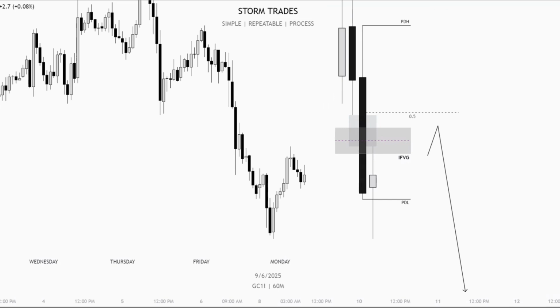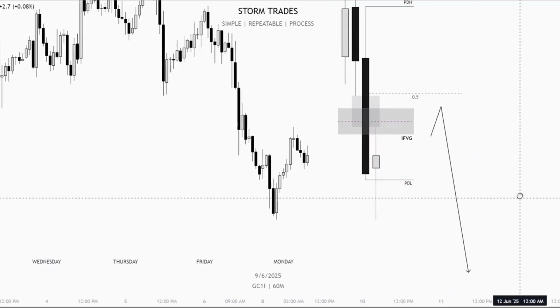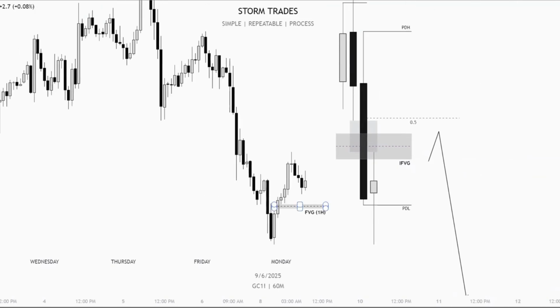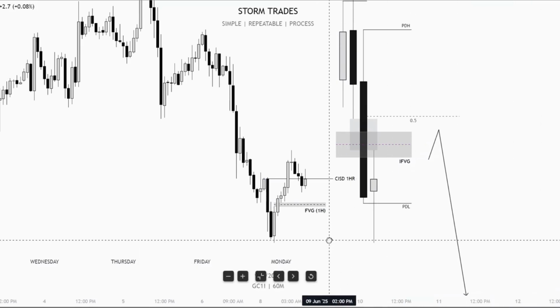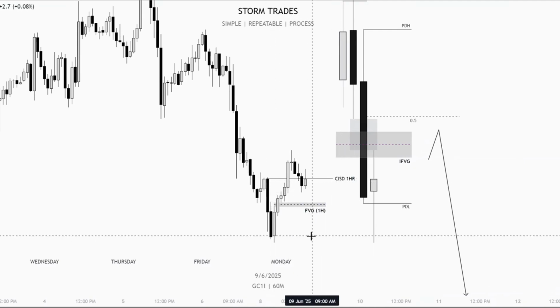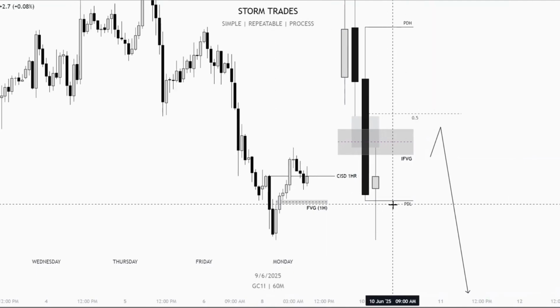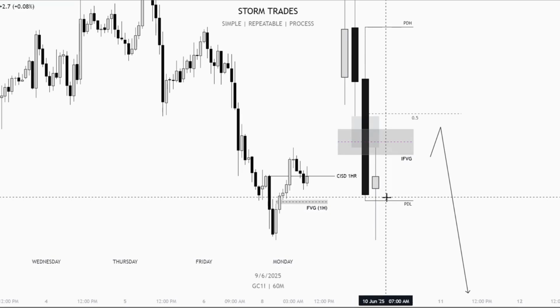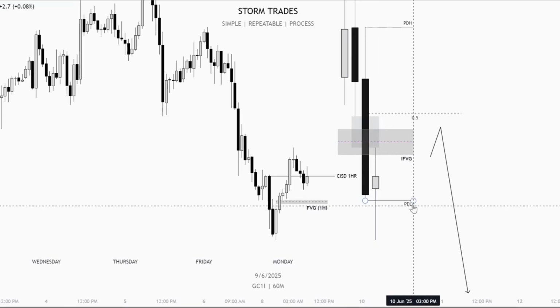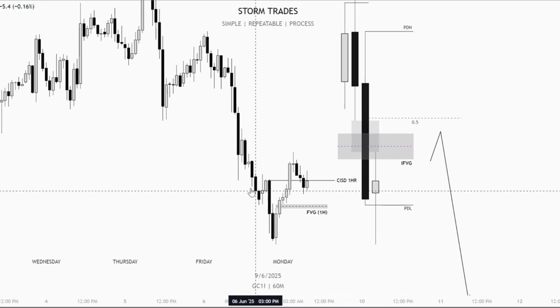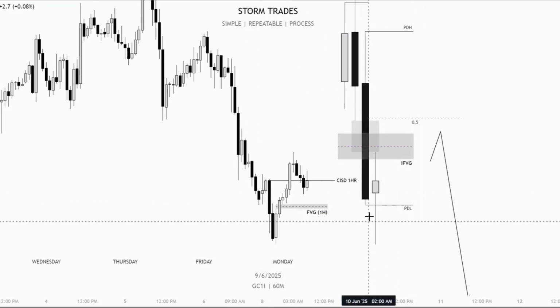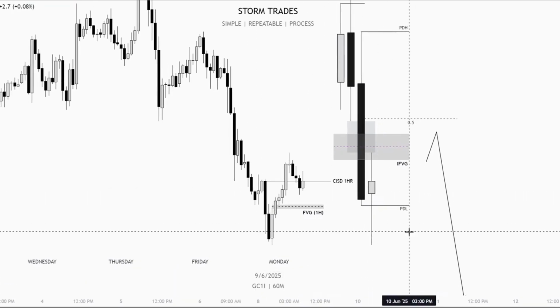So in this particular case, we have a fair value gap right here, okay? We have a change in the state of delivery right here, okay? And this was all at a significant liquidity level, which is the previous daily low, right? So this is starting to make sense as to why we actually could have higher prices here.